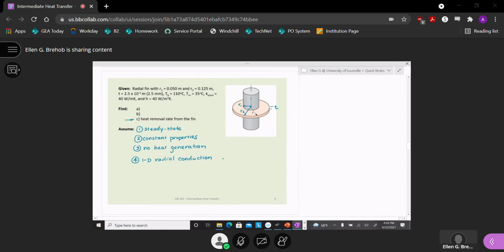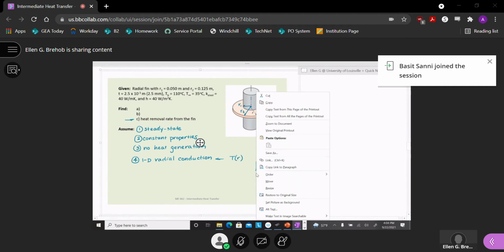Okay. This one I'll talk about for a minute. When we write our temperature as a function of some variables, you might be thinking, and this is a slice through this fin. Here's my pipe.